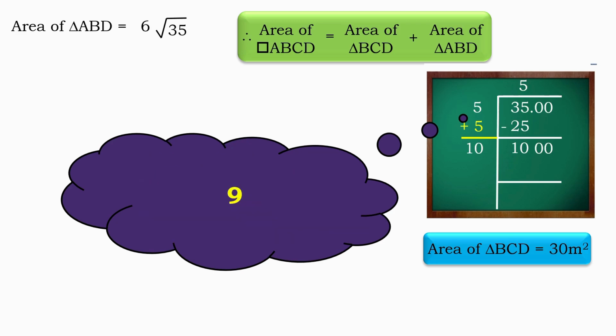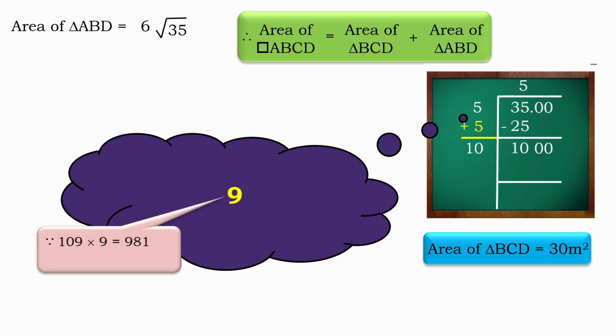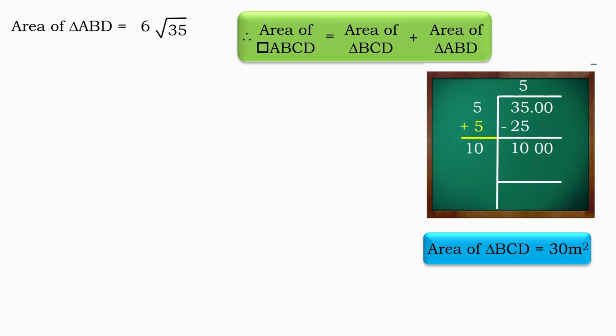If we take 9 over here, the number becomes 109. We have to multiply with 9 only, the same digit. So 109 into 9 is 981, which is less than 1000. So now we also put 9 after the decimal point. So the remainder is 19.